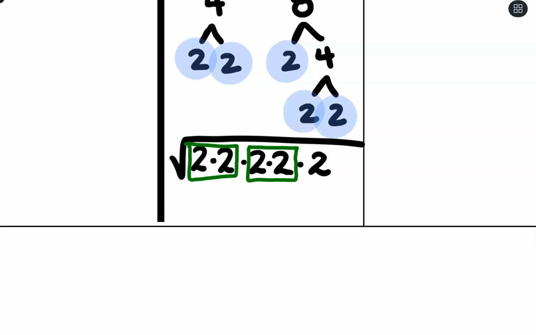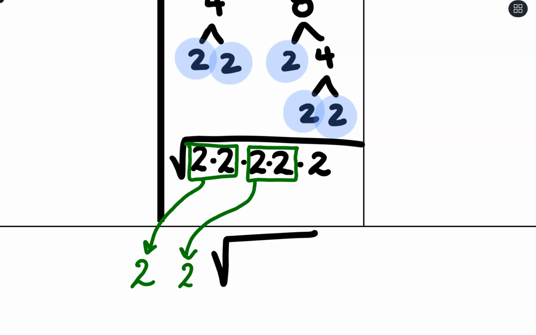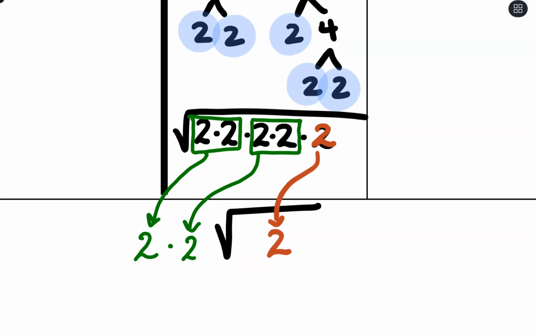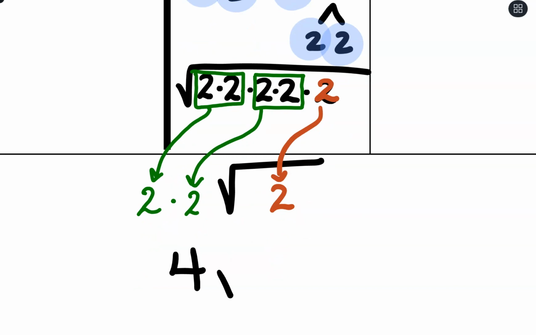In the next step, this brings a 2 outside, so it can escape because we have a pairing and we're taking a square root. This also brings a 2 outside, so those are going to multiply together. And then this 2 that's left over that does not have a pairing is going to stay underneath the radical. So I would rewrite this as 4 on the outside, square root of 2. And that would be my simplified form of that.